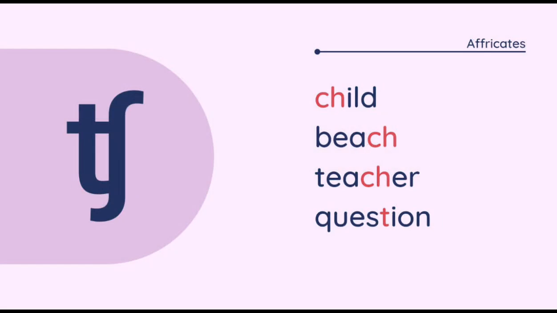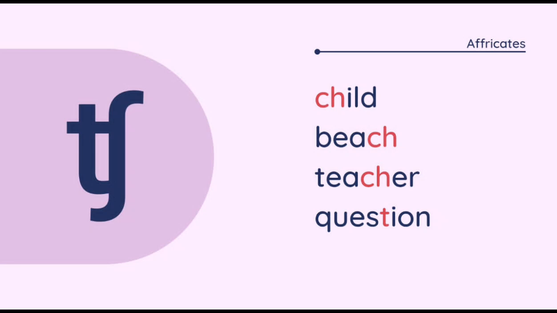The next one here is a double letter consonant sound. It is written as if we are writing T and S together, but that is how it is written. So we have ch. It is a stronger form of sh. So this one is ch.